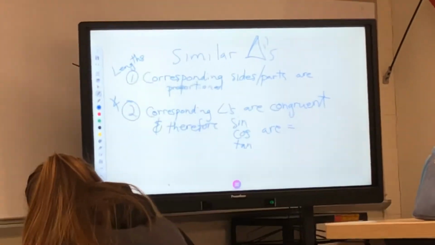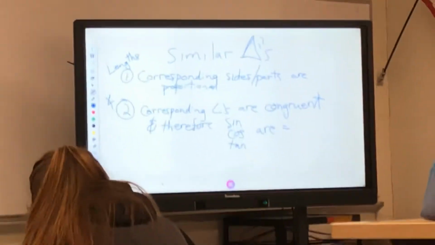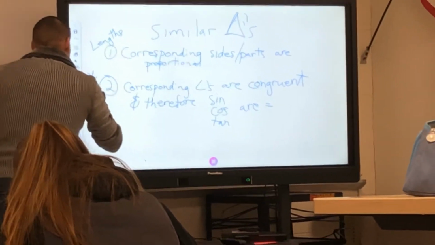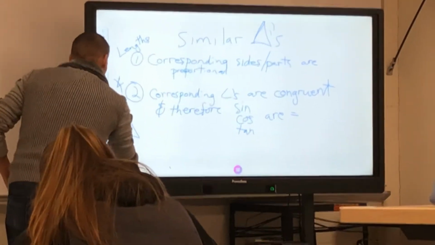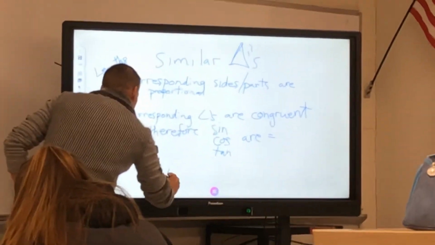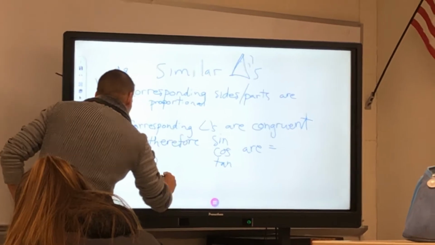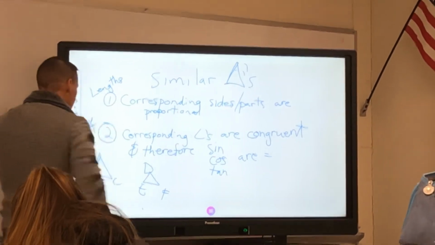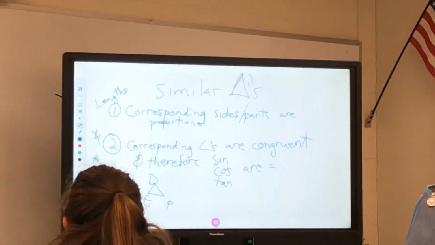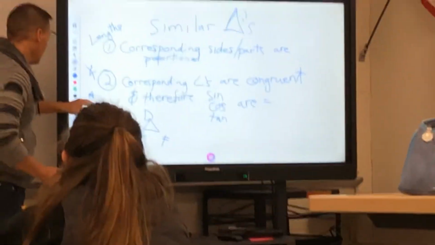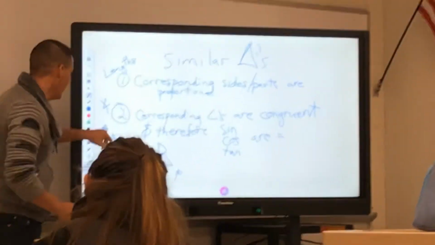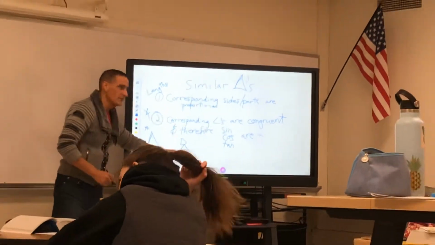So if you have, for example, triangle ABC and triangle DEF, and you're told that they're similar, figure not showing the scale, and it's ABC, DEF, so that these correspond, those vertices correspond.